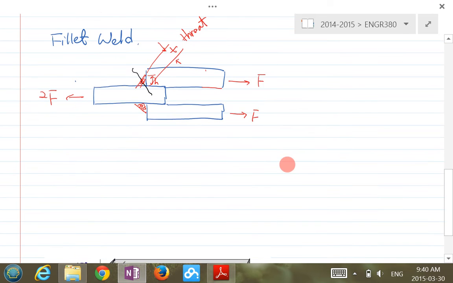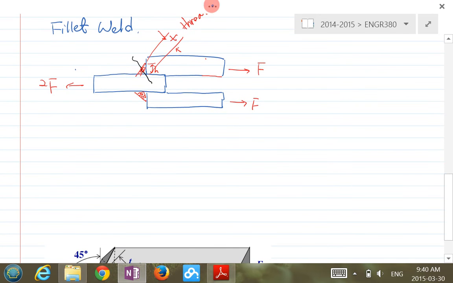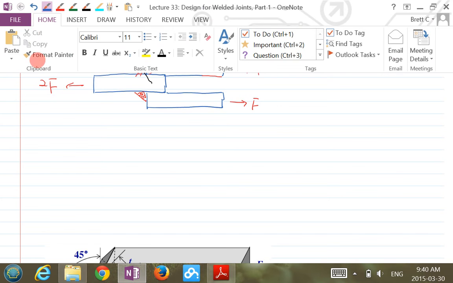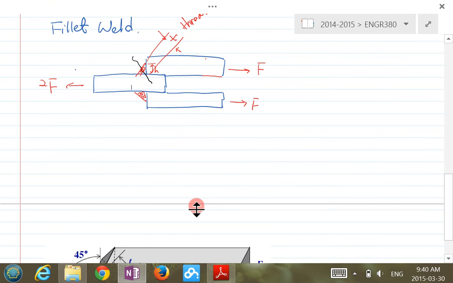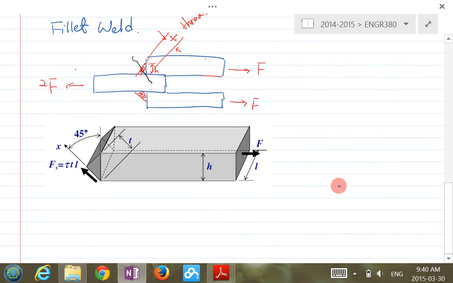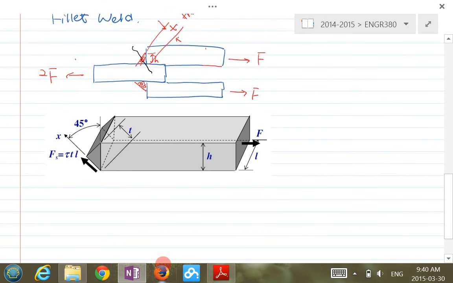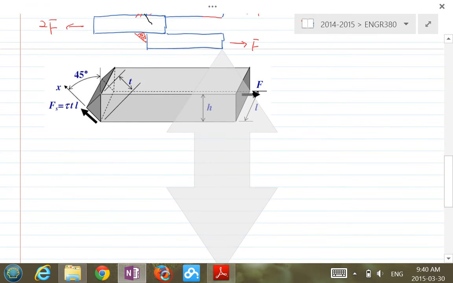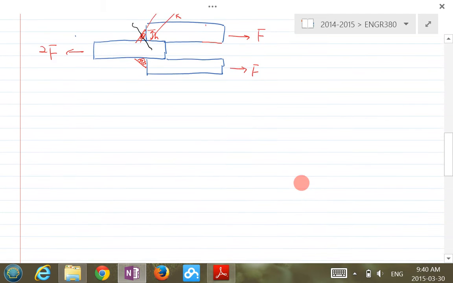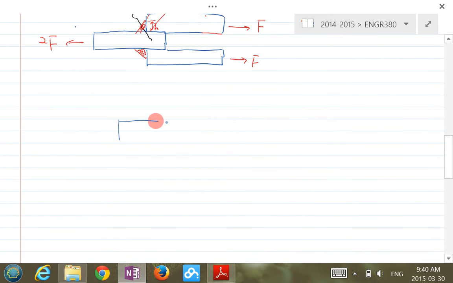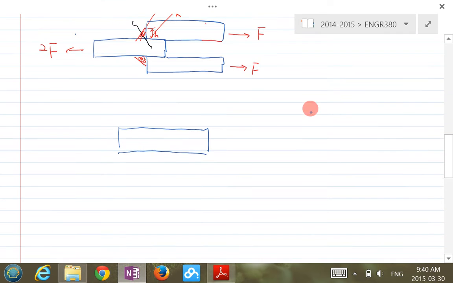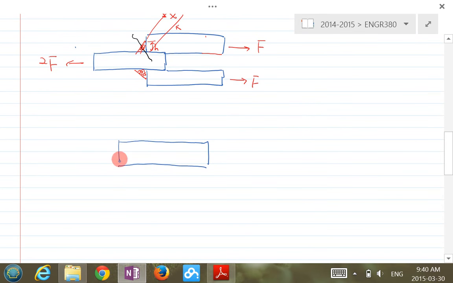So if I single out the top portion, this is what you're going to see. Let's look at just the top one here, and where do we cut?